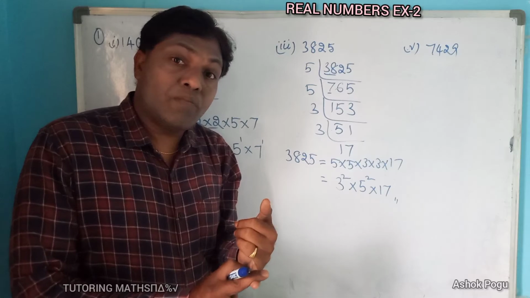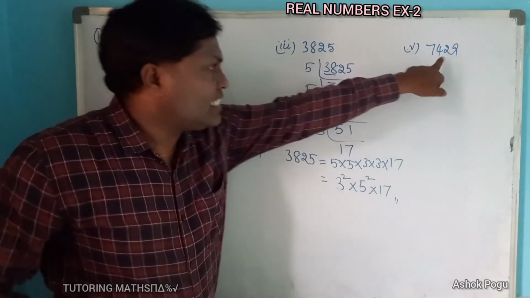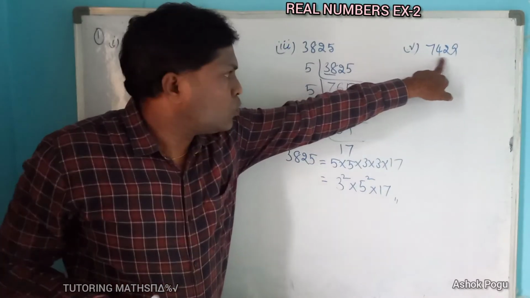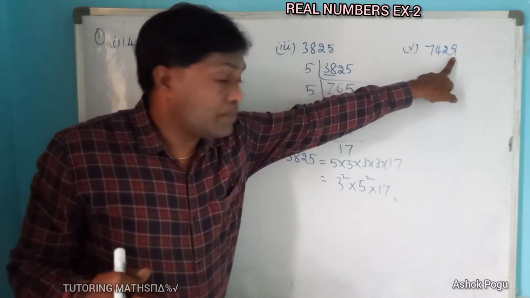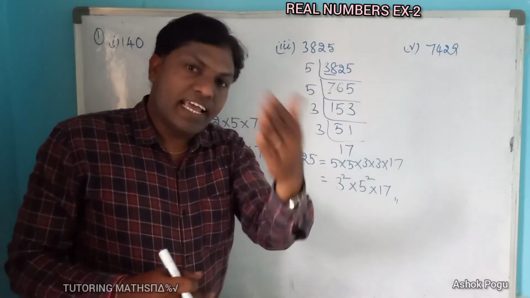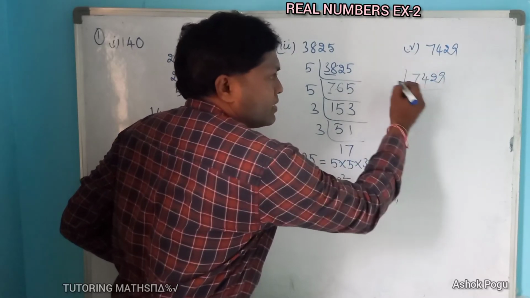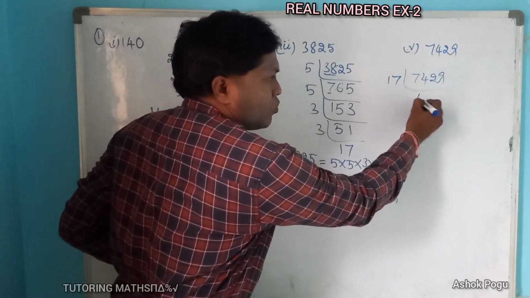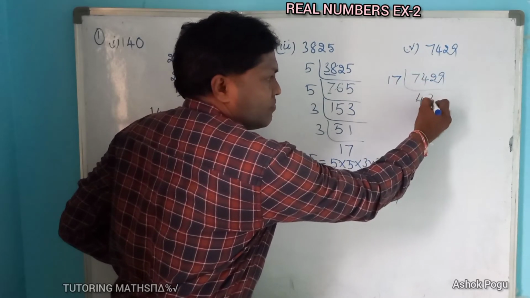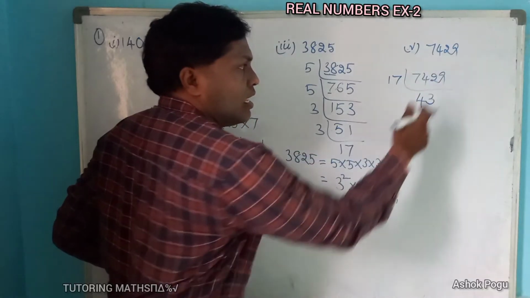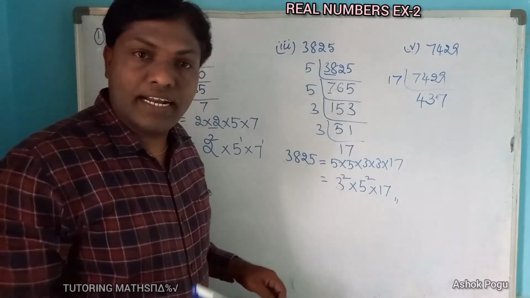What is the next prime number? 17. 17 4s are 68, we get 62, 17 3s are 51, we get 11, 119, 17 7s are 119, exactly. So this number is divisible by the prime number 17, and the quotient is 437.